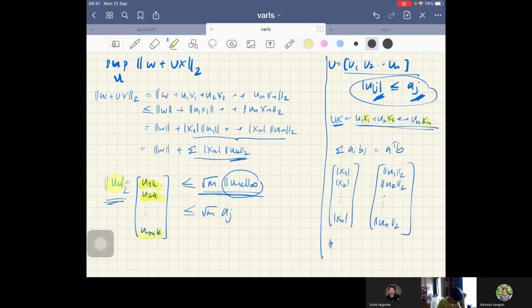Again, I use this inequality about the norm, the relationship between the two norm and the infinity norm.